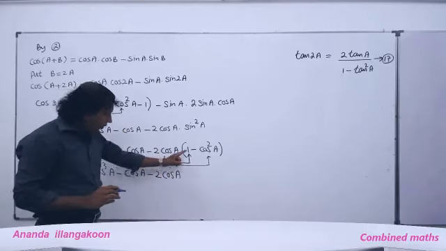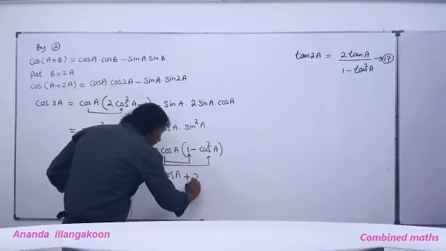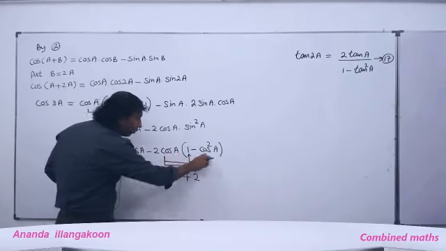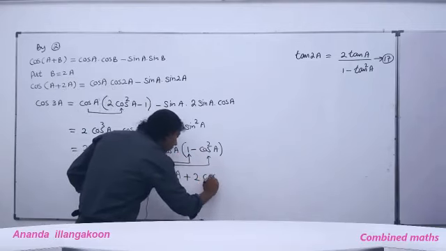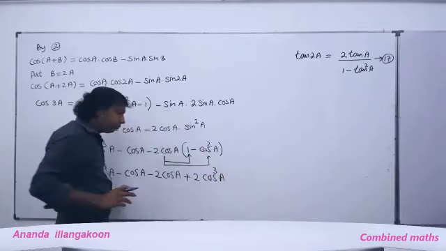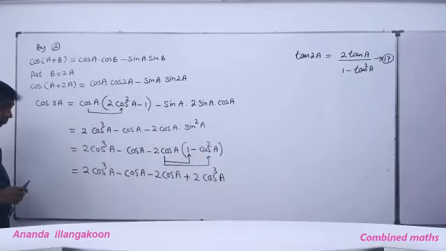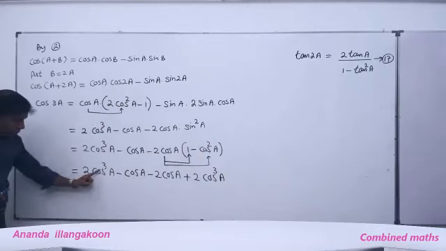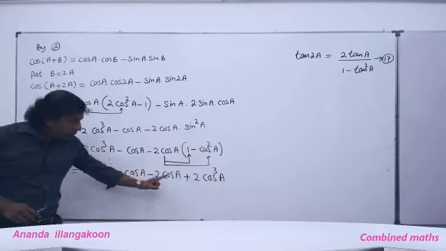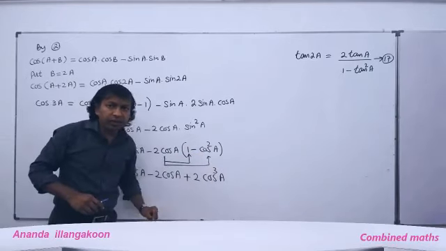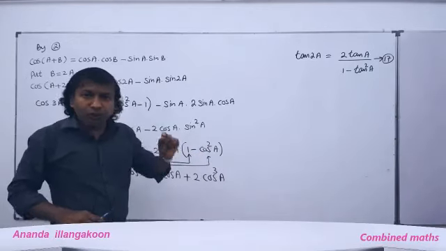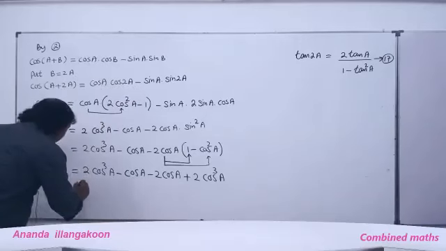And this minus makes plus 2 times cos A into cos squared A is cos cube A. Now here 2 cos cube A plus 2 cos cube A together, people, 4 cos cube A.